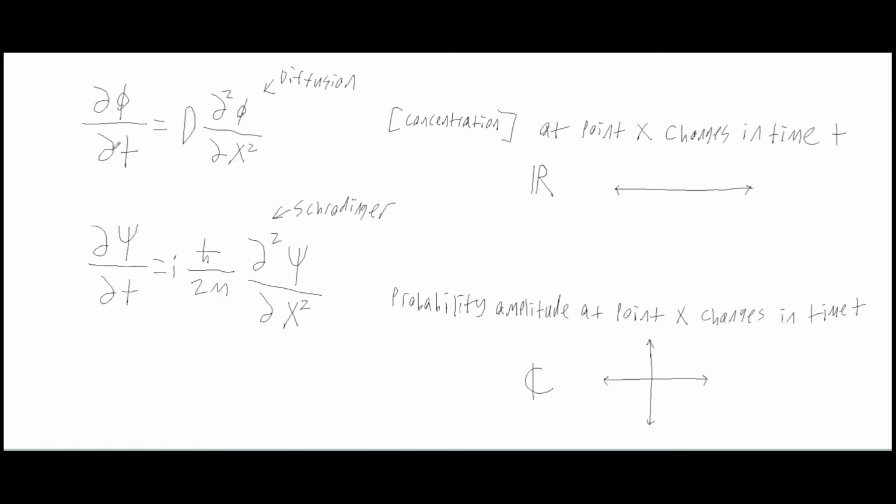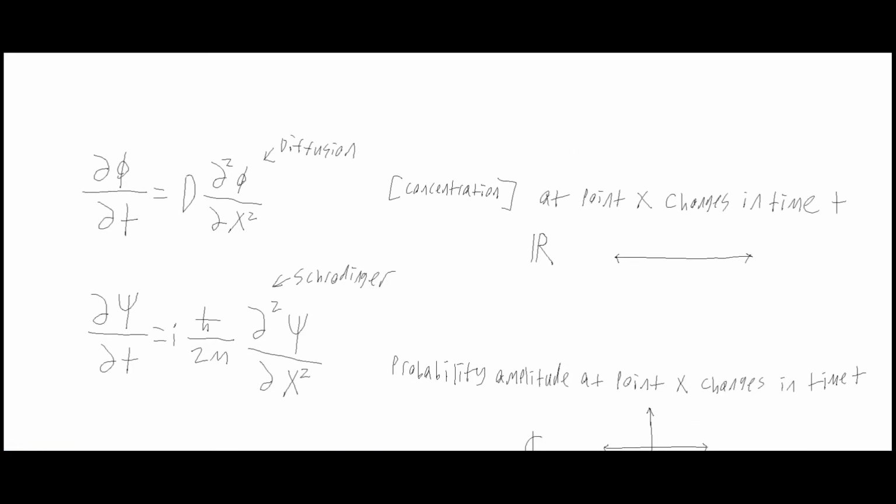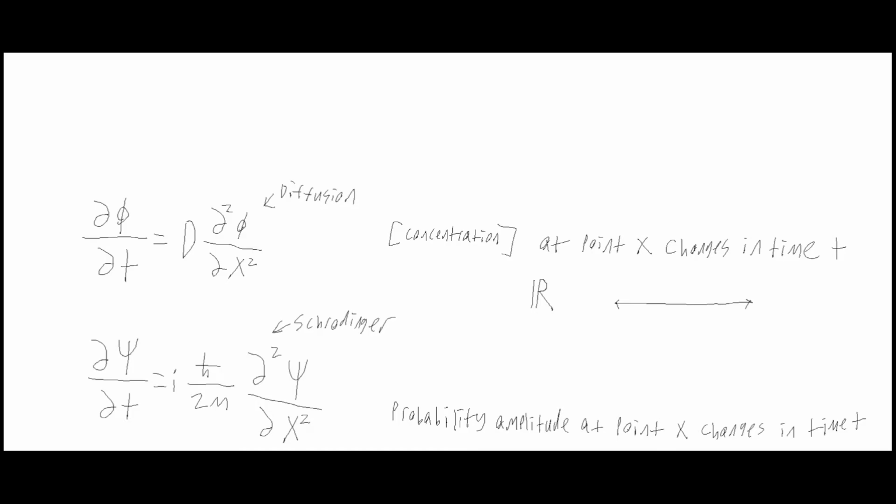And so I pointed out that this tells us that the concentration at a given point x, we can imagine in some container. So if we're looking down into a container here, and we say we're measuring at this point right here, and we add some food dye right here, we know that it's going to start diffusing outward.